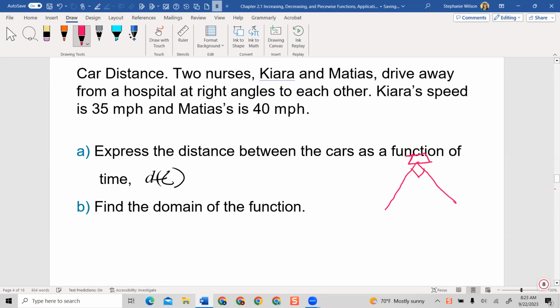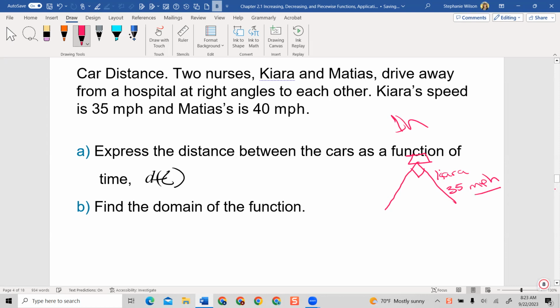Let's say this is the hospital. Kara's speed is 35 miles per hour, so we're going to assume that 1 hour has passed, because of the miles per hour statement here.